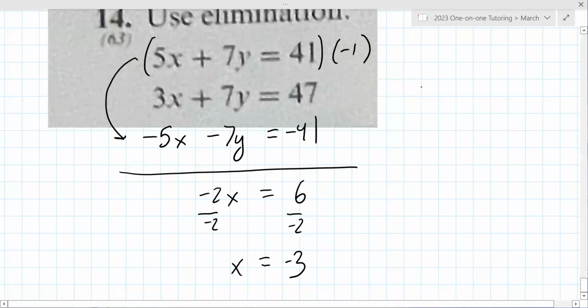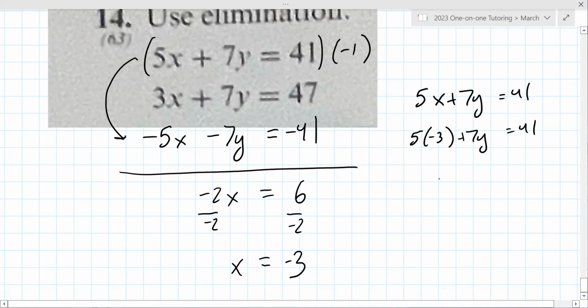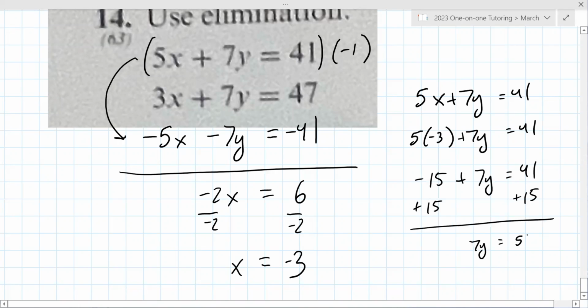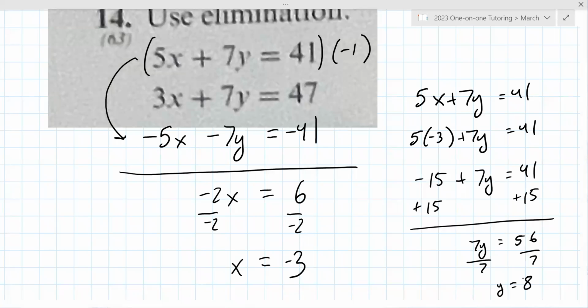Let's just pick the top one. 5 times x plus 7y equals 41. 5 times -3 plus 7y equals 41. -15 plus 7y equals 41. Add 15 to both sides. 7y equals 56. Divide by 7 and y equals 8. Maybe the second equation was slightly better. I mean, really, about the same.